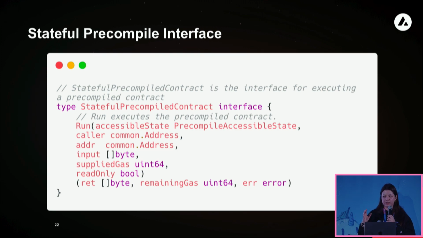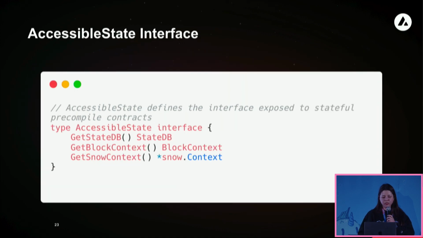And this is why this starts taking a little bit more adoption once we can start launching our own chains instead of trying to customize the general purpose chain. So as the other one, this one also has some gas supplied and some remaining gas after the execution of the precompile.